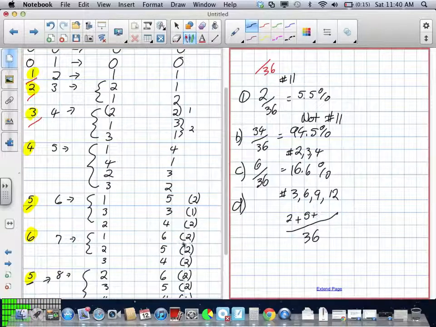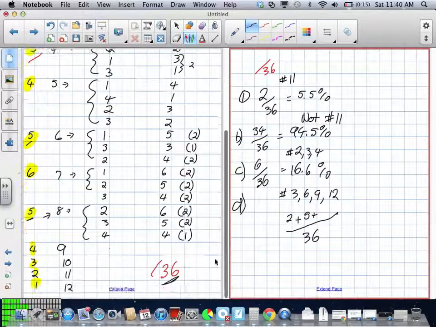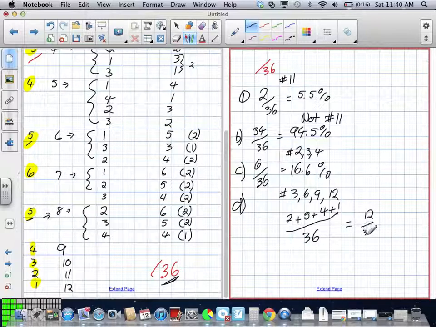What about a 9? Chance of rolling a 9? 4. And chance of rolling a 12? 1. Okay, so 2 plus 5 is 7, plus 4 is 11, 12. 12 out of 36. So what's our percentage? 33% chance of rolling a multiple of 3.